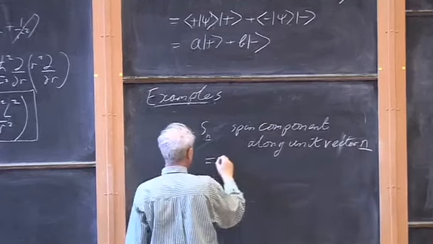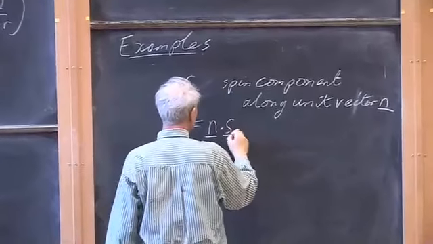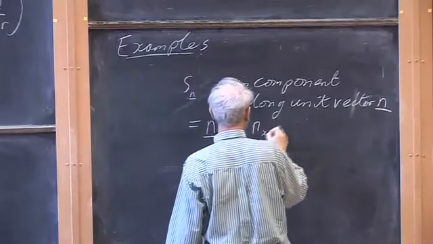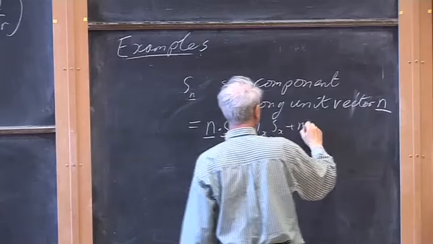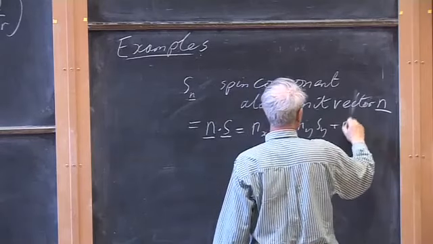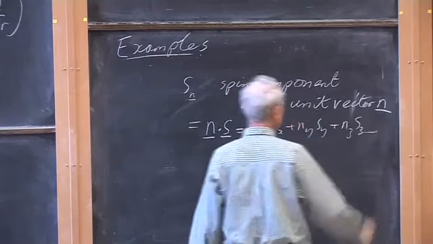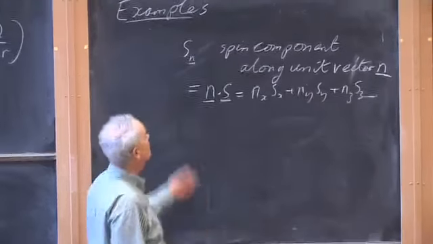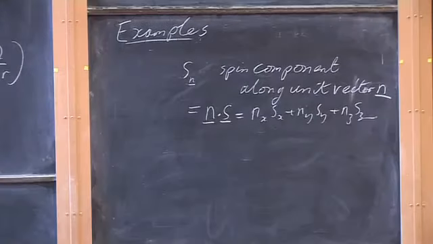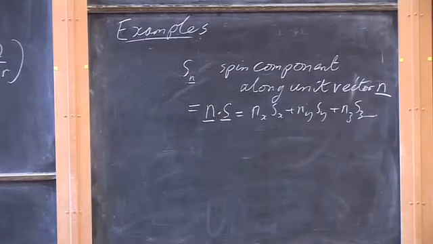What is it mathematically? It's n dot S. In other words, it's nx Sx plus ny Sy plus nz Sz. This that I've just written down would apply for any spin, not just spin a half.